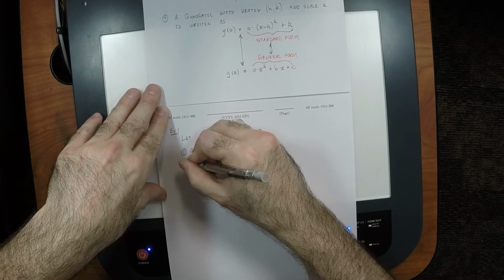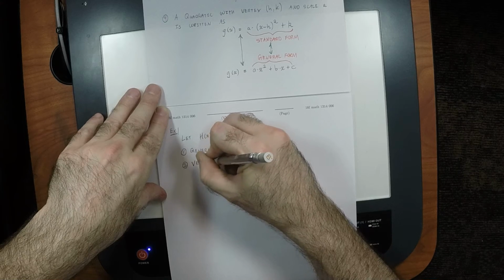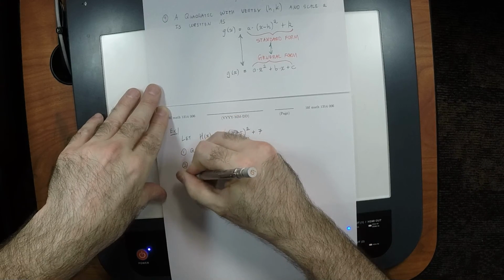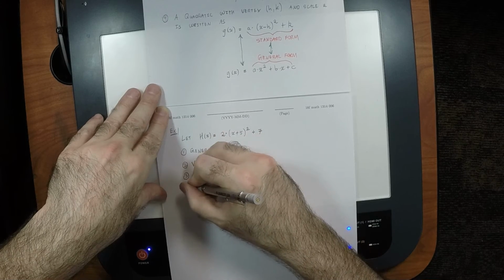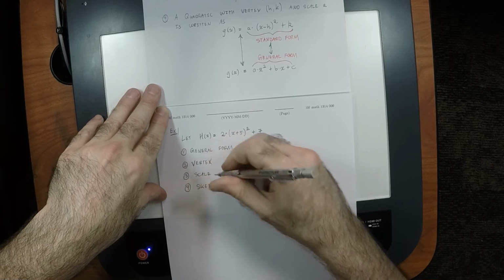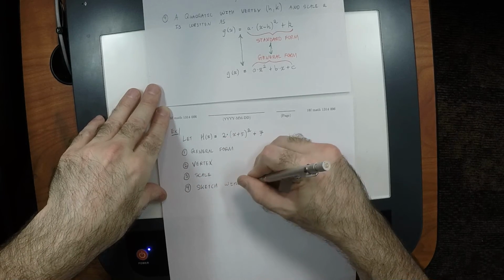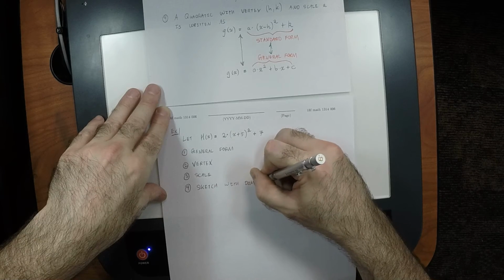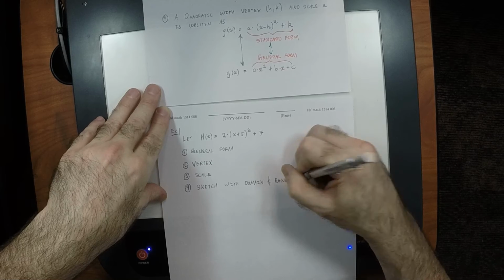Second request is find the vertex. Third request, the scale. Fourth request, a sketch with domain and range included.